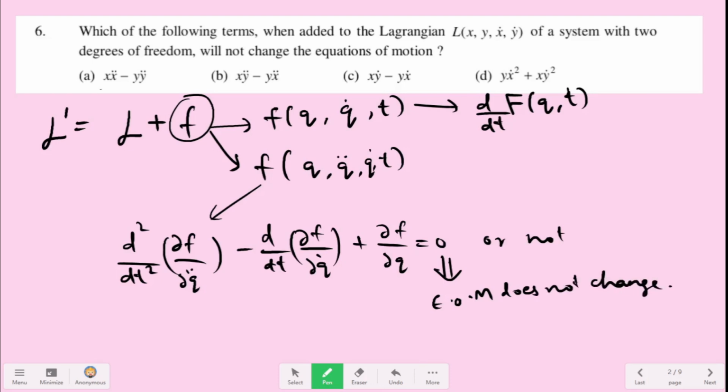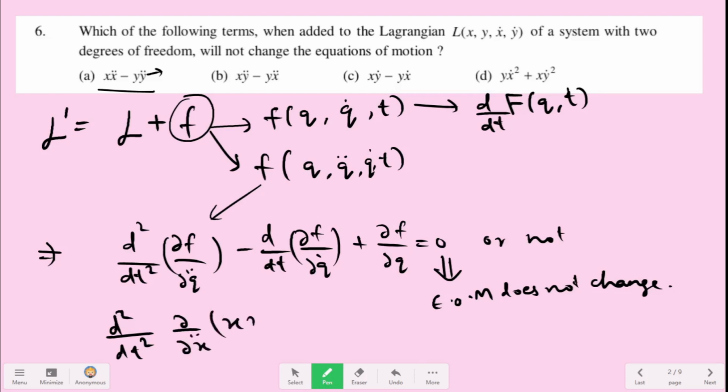So in option A, we have a function f. This is a function of x double dot and y double dot, x and y. Therefore, we will use this condition: d square upon dt square of del by del q double dot. Q double dot here is x double dot.